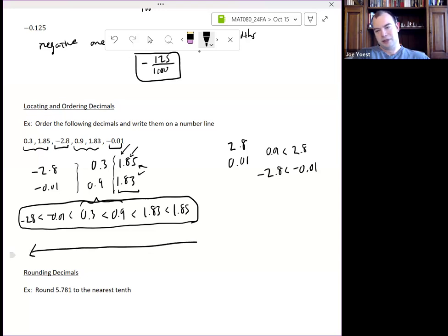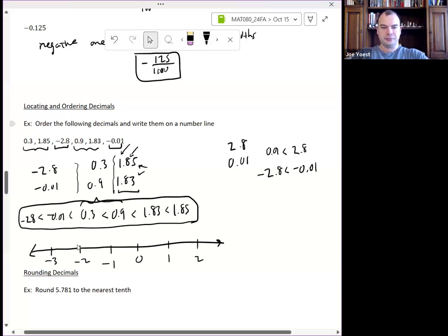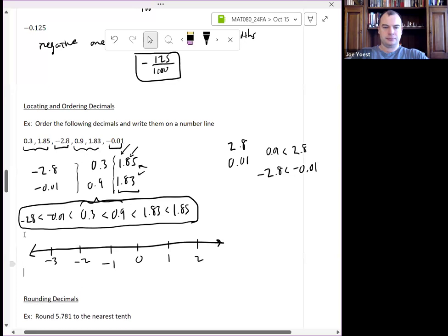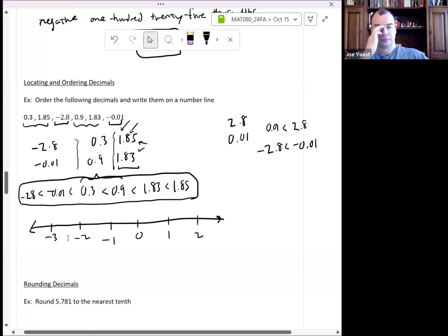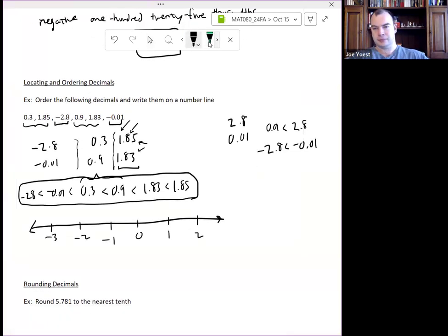And if we want to write these on a number line, maybe go 0, 1, 2, -1, -2, -3. And I see I have 0.3 and 0.9 that have 0 holes and only a part of a hole.